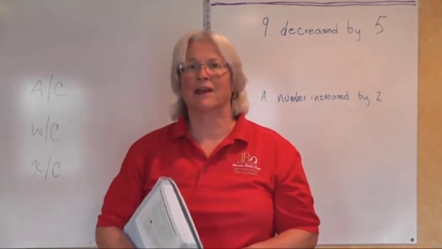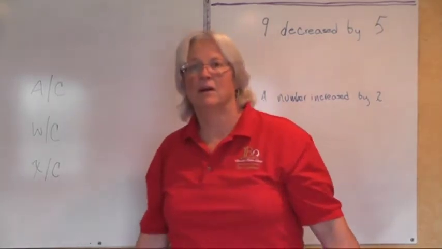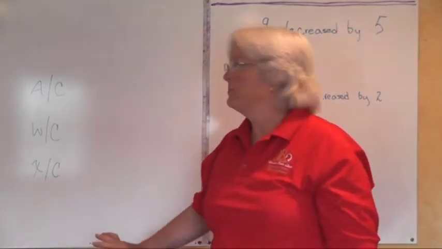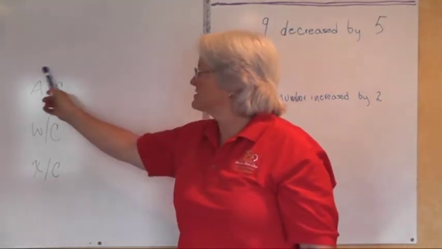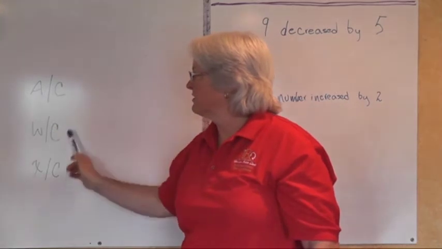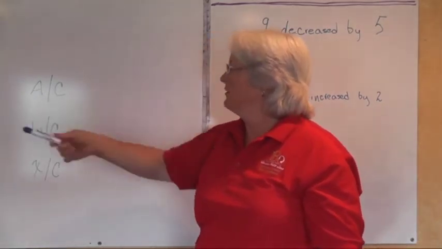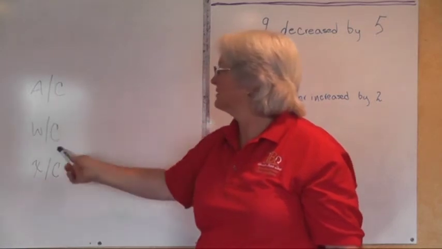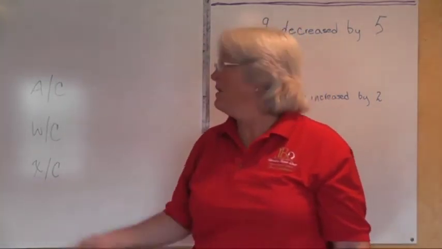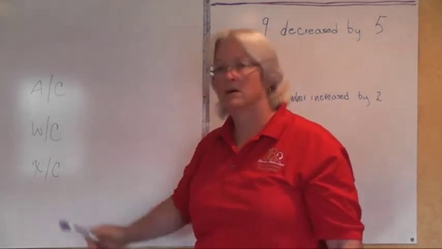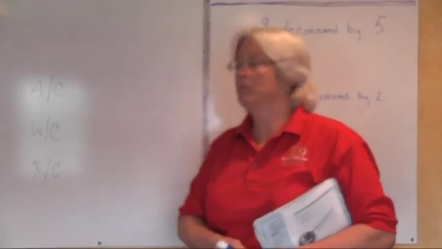We've got our lame joke for the day. I have my notes over here to remind me. I see a glare on the board, but the question is, we have these three fractions here: A over C, W over C, X over C. And the question is, how do we know that all three of these fractions are in Europe? I'm speaking from America.